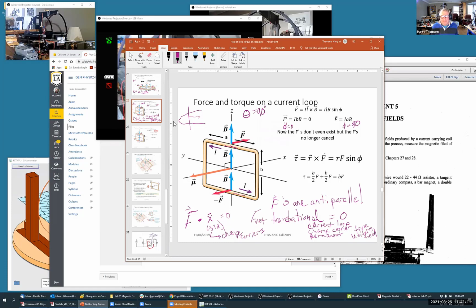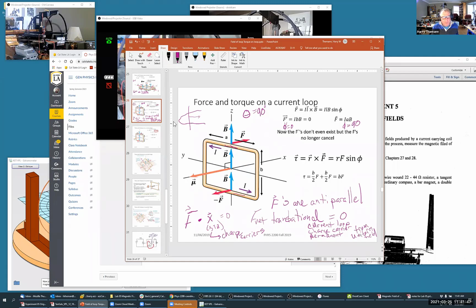Okay, so now I haven't said anything too stupid. However, we notice that because we have a fixed rotational axis, we have a torque, and torque is the force times the distance away from that pivot point. When theta equals 90, it's half of that distance, b over 2 times F, and also b over 2 times F, because in torque space they add.